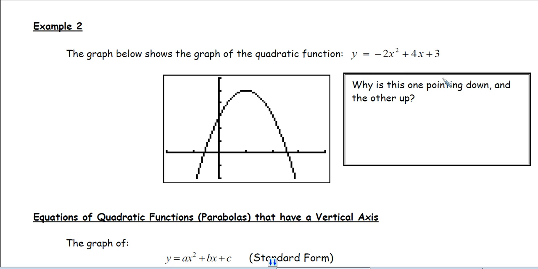But what makes this different? Why is this one pointing down and the other one is going up? Well, the key point is this one right here. Remember, it's x squared, and what's in front of that x squared? Now we have a negative 2, or just the negative.